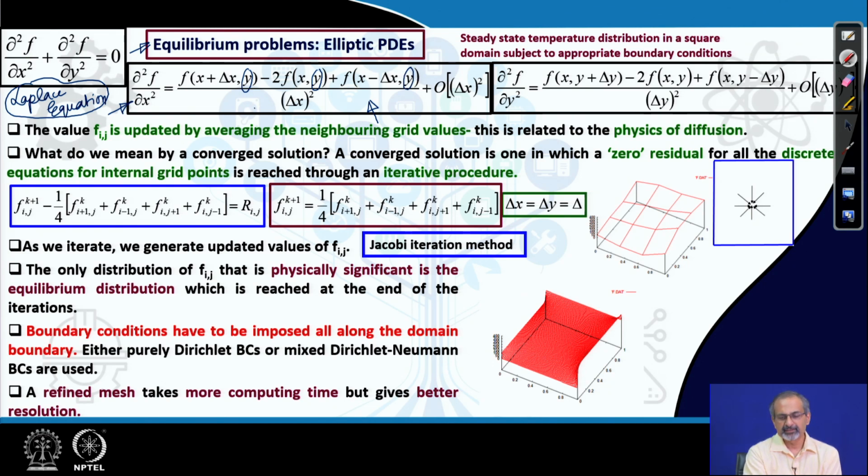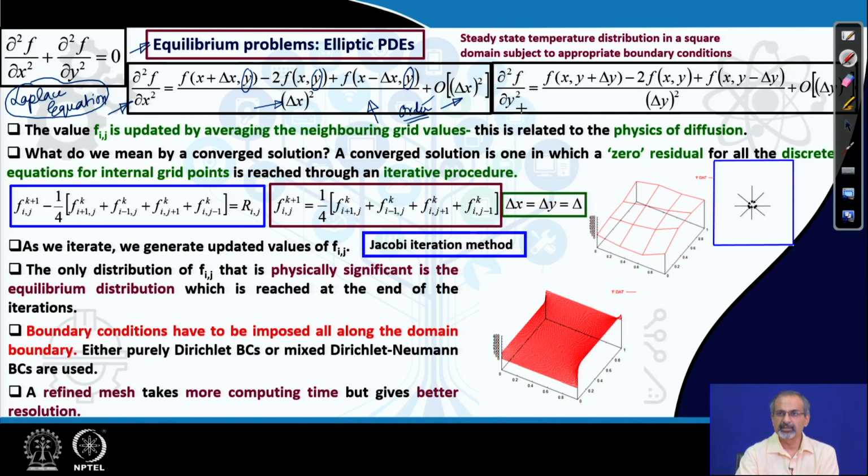In the previous case, the grid spacing was h, here it has been changed to delta x, because you have two different directions to look at. The order is of course second order. This is another way of writing it. O stands for order, order of accuracy or order of error. In this equation, it means the order of the error terms, but that also helps define the order of accuracy of the scheme.